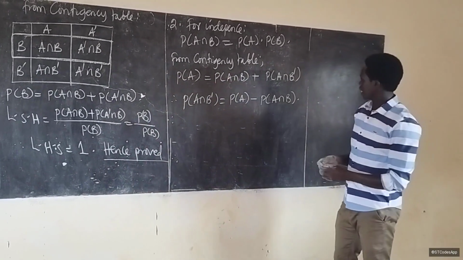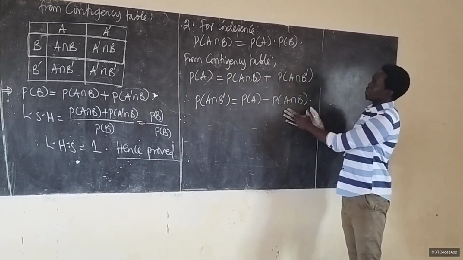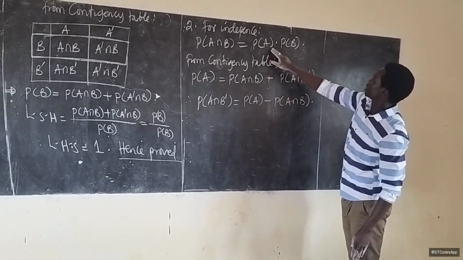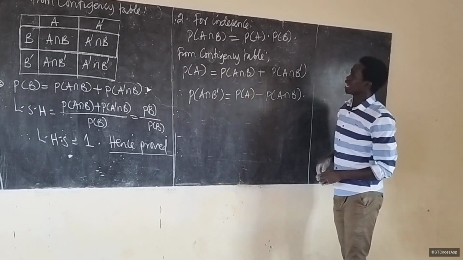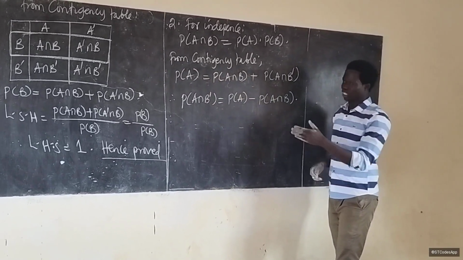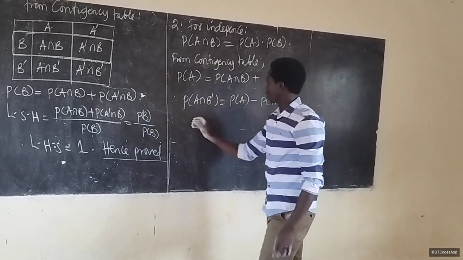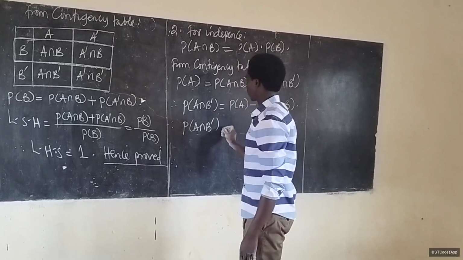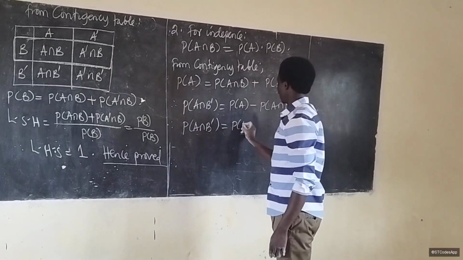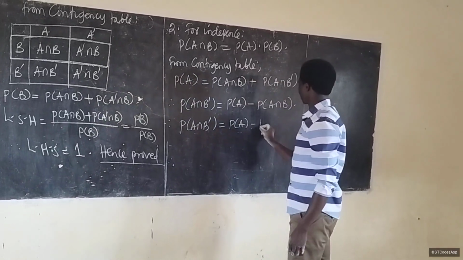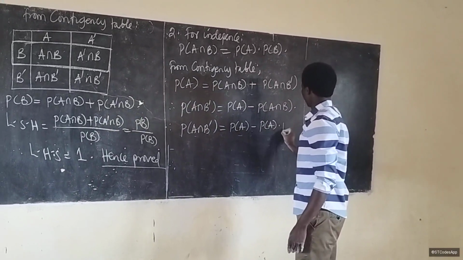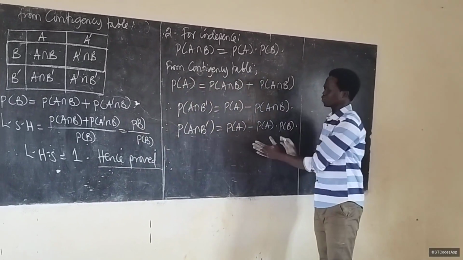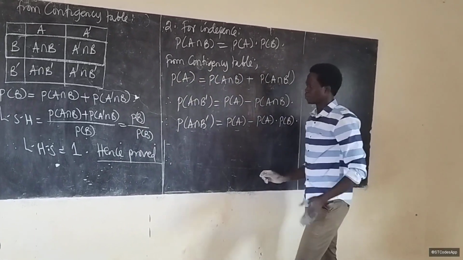But already we said A and B are independent, so we have probability of A times probability of B being equal to probability of A intersecting B. So we replace. We'll have probability of A intersecting B prime is going to be probability of A minus probability of A times probability of B. I am going to factorize out probability of A. It is a common factor.